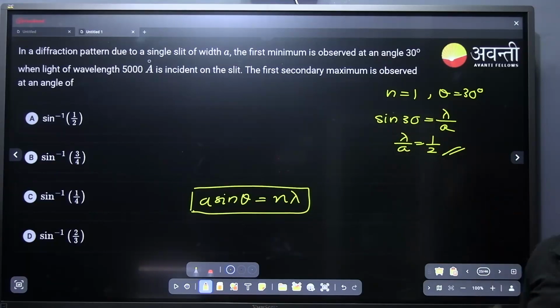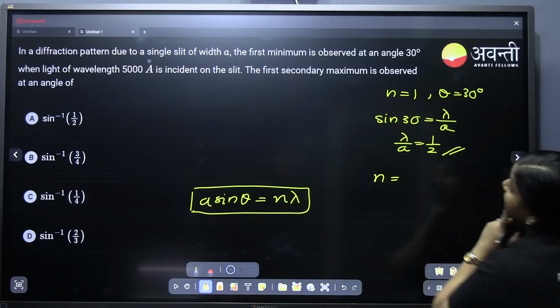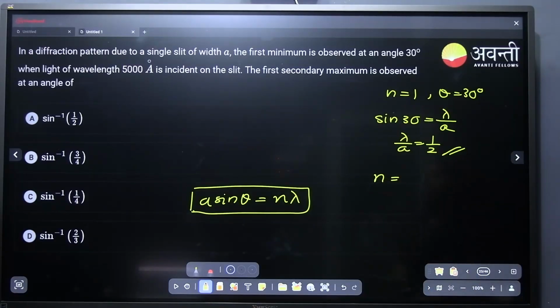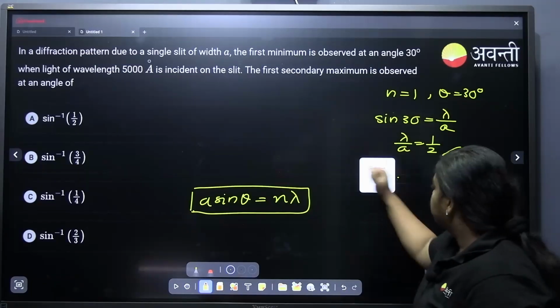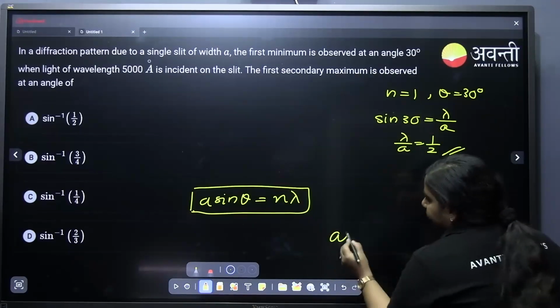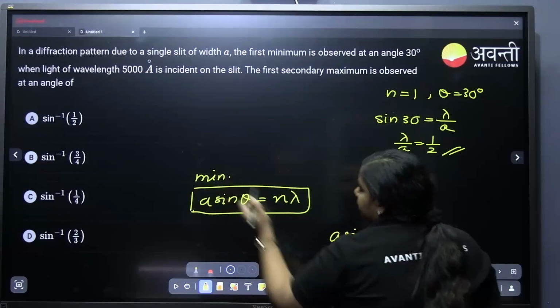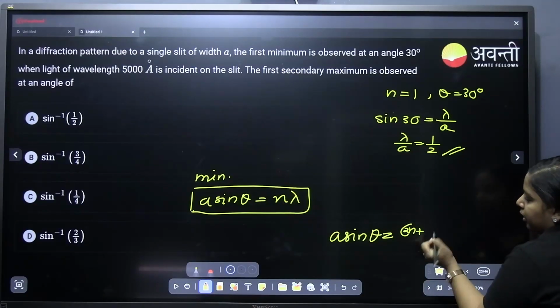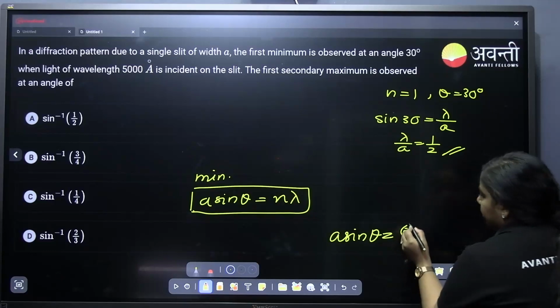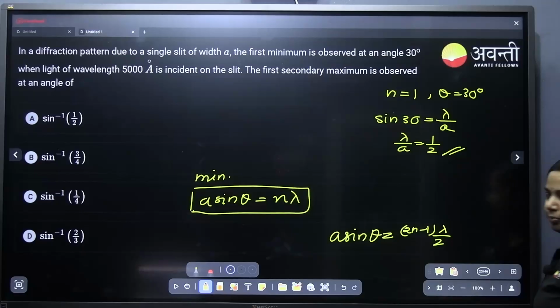Secondary maximum observed at an angle. So you have to find the first secondary maximum. For that the equation is a sin theta equal to, this is for minima, for maxima it will be equal to (2n minus 1) lambda by 2.